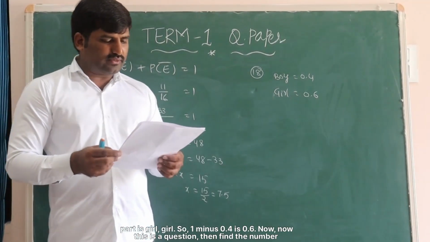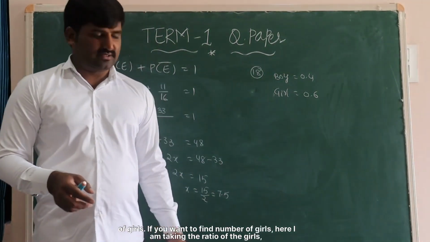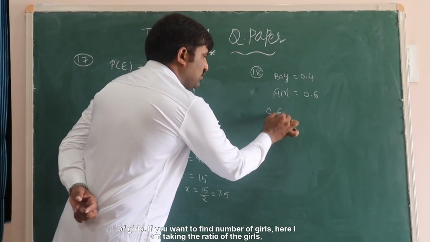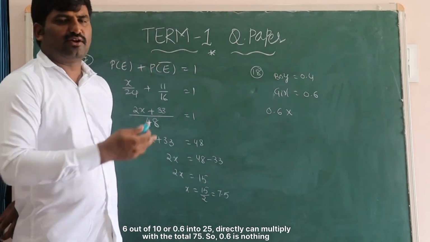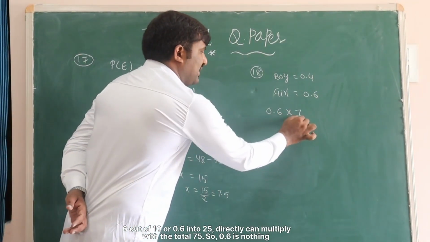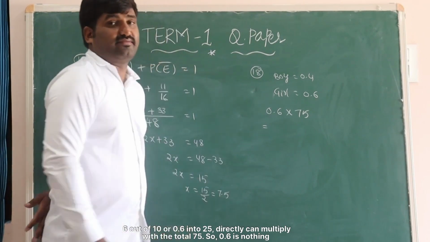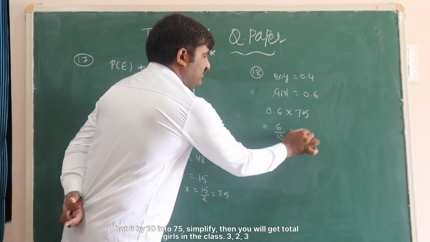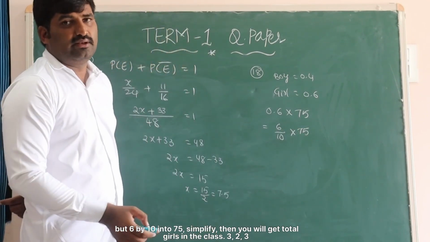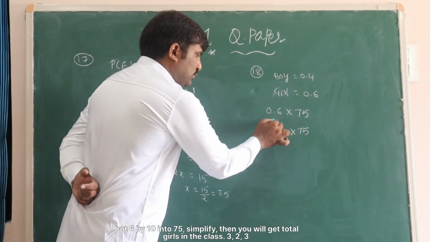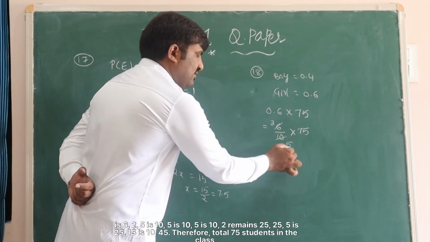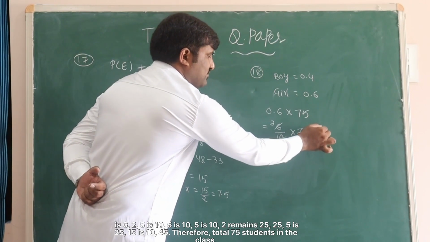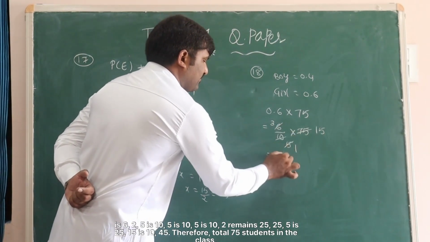Now this is the question: find the number of girls. If you want to find the number of girls, I am taking the ratio of the girls, 6 out of 10 or 0.6, into 75. You can directly multiply with the total 75. So 0.6 is nothing but 6 by 10 into 75. Now simplify, then you will get the total girls in the class. 2 threes are 6, 2 fives are 10, 5 ones are 5, 2 remains, 2 fives 25, 15 threes are 45.